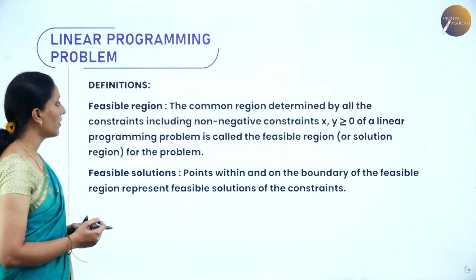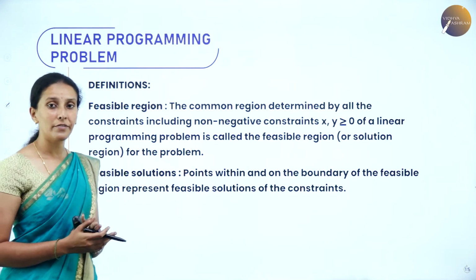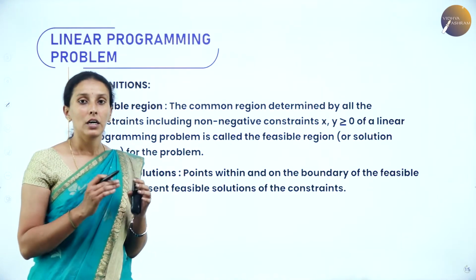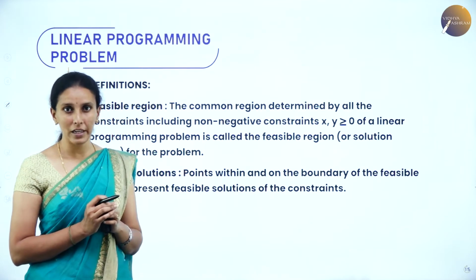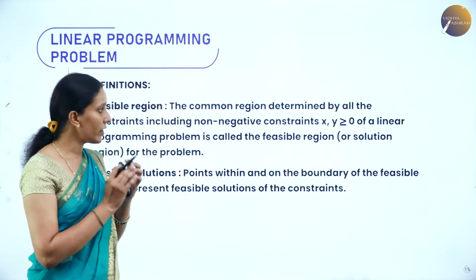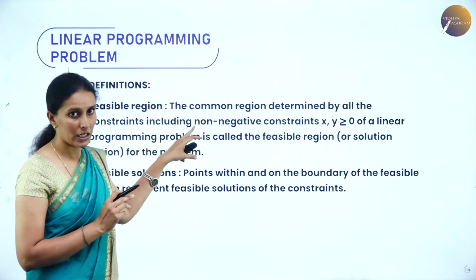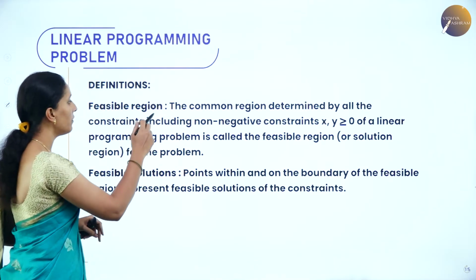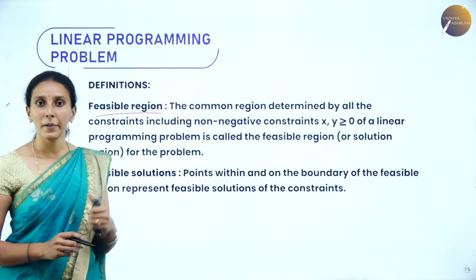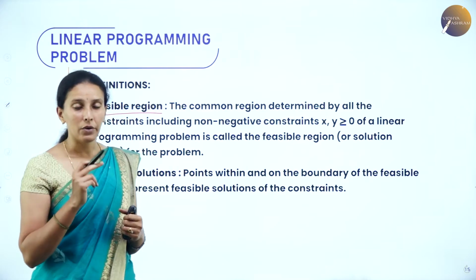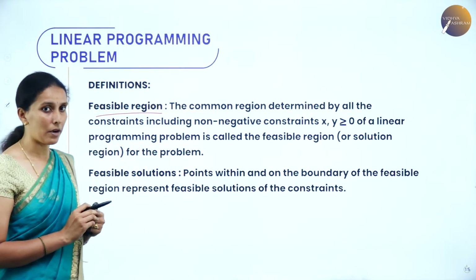The first one is feasible region. What is this feasible region? Once you find the graph for the set of linear inequalities, the common region which satisfies all the linear inequalities in the linear programming denotes the feasible region. For example, previously the shaded region which satisfies both inequalities gives you the feasible region.